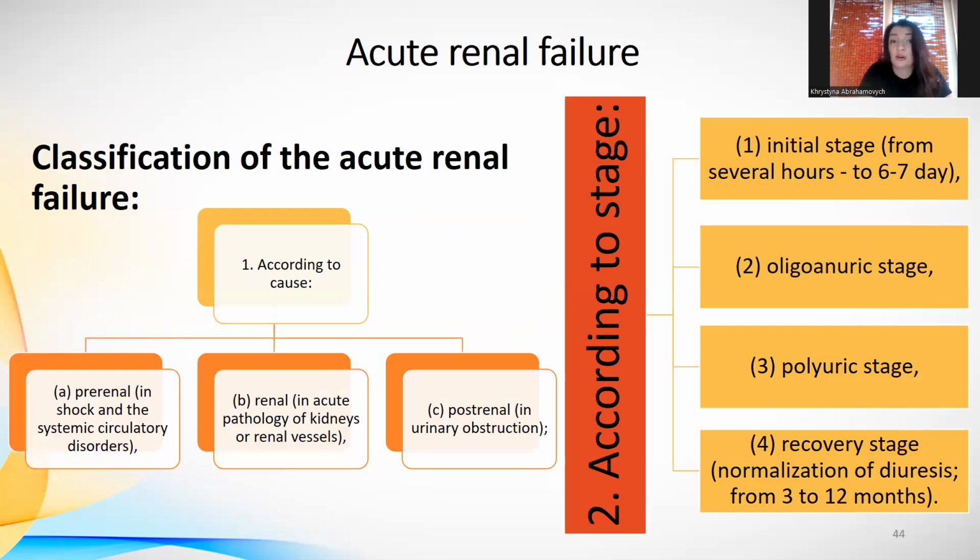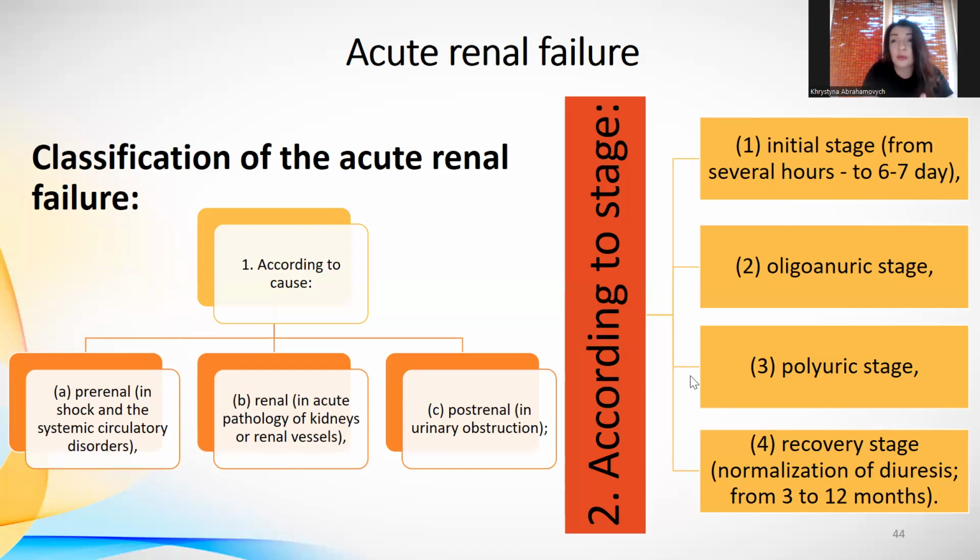First, according to the course, when here we distinguish pre-renal, renal, and post-renal acute renal failure. And according to the stage, we distinguish 4 stages. Initial stage from several hours to 6-7 days, oligoanuric stage, polyuric stage, and finally, recovery stage, or normalization of diuresis from 3 to 12 months.